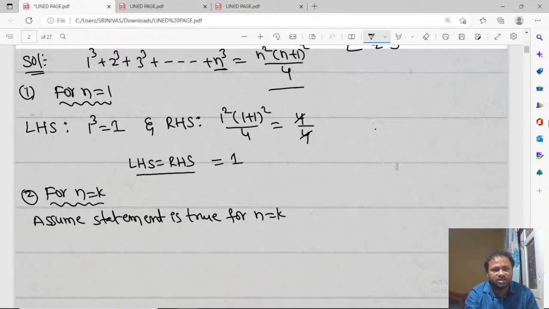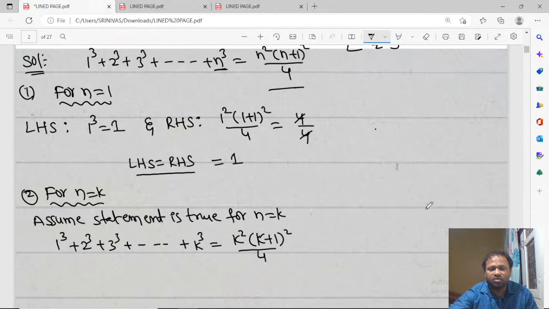We need to assume it is true, which means 1 cube plus 2 cube plus 3 cube and so on plus n cube, where the n value is k, so k cube, is equal to k square into k plus 1 whole square divided by 4.